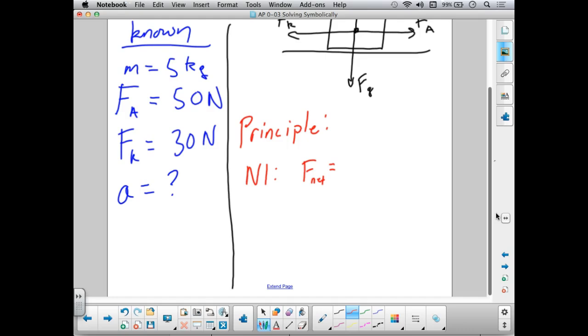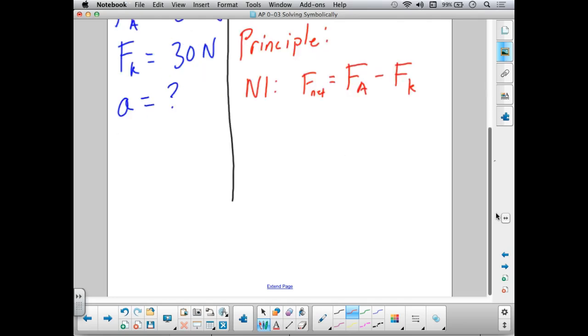It seems like the horizontal direction is what matters here, so I'm just going to make a statement that the net force on this object is going to be the applied force minus the frictional force. They're in opposite directions, so they should have opposite signs. I know that from Newton's first law.